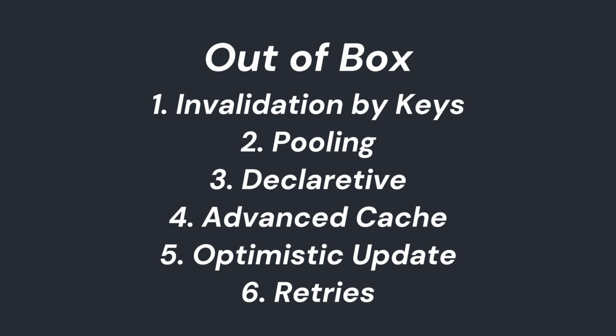What do we usually get out of the box when using such server state managers? Data invalidation by keys. We'll look at an example after this slide. Built-in polling by timer, e.g., re-request notifications every 30 seconds. Declarative nature. We describe a request, then call a hook like use product catalog, and we know this hook will return data to us.